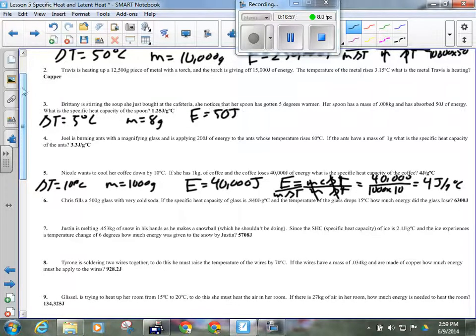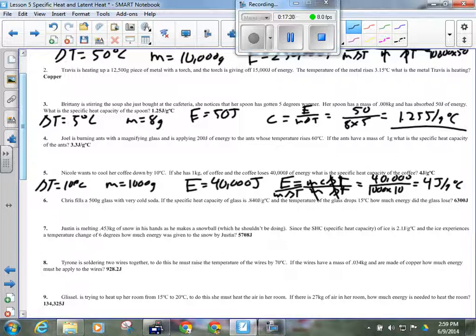So I have E, M, and delta T, exactly the same as number 5. We're looking for the specific heat capacity of the spoon, so E over M delta T. 50 divided by 8 times 5 gives 1.25 joules per gram degree Celsius. Any other ones?